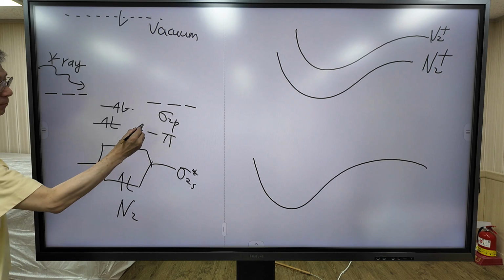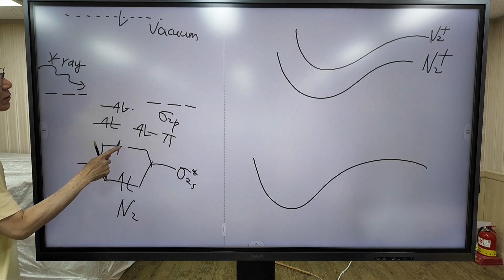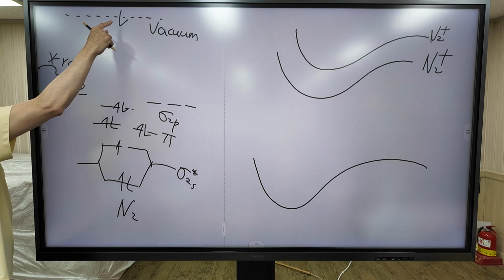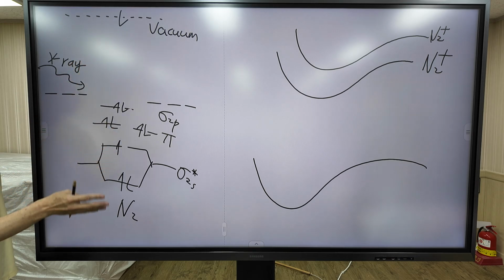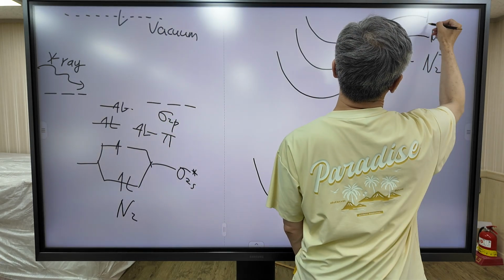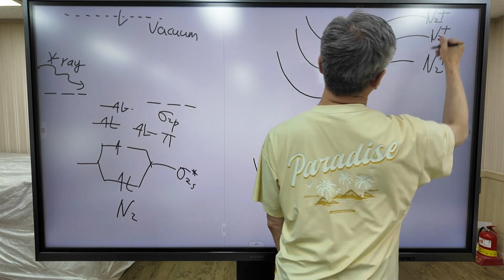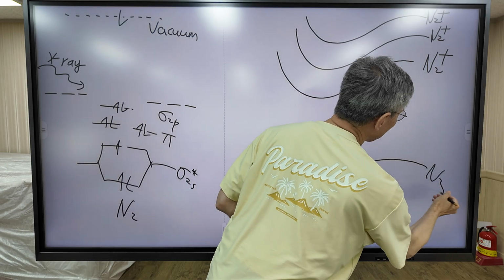And finally, electrons in the sigma 2s star can be excited to the vacuum state. So with this configuration, we can draw another potential energy curve of N2 plus. So this is the ground state configuration of the neutral molecule.